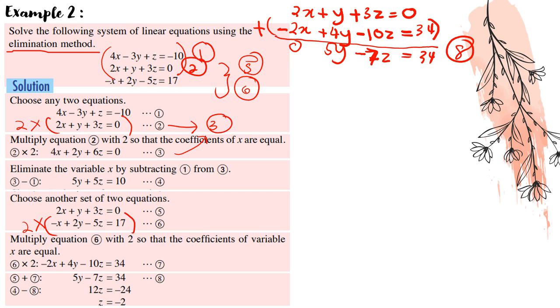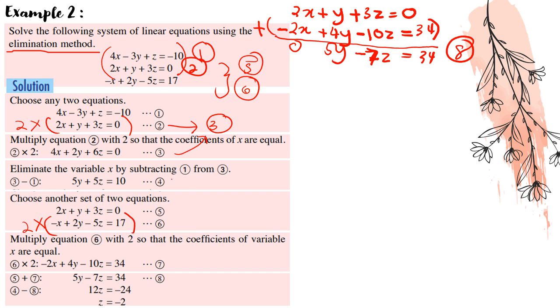Okay, so solve for z. Now you have equation number 8, and previously equation number 5 plus equation number 7, so it becomes equation number 4 here.